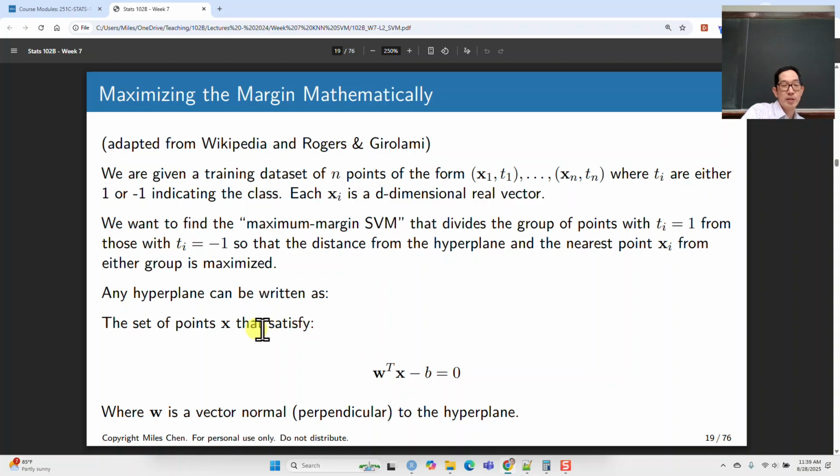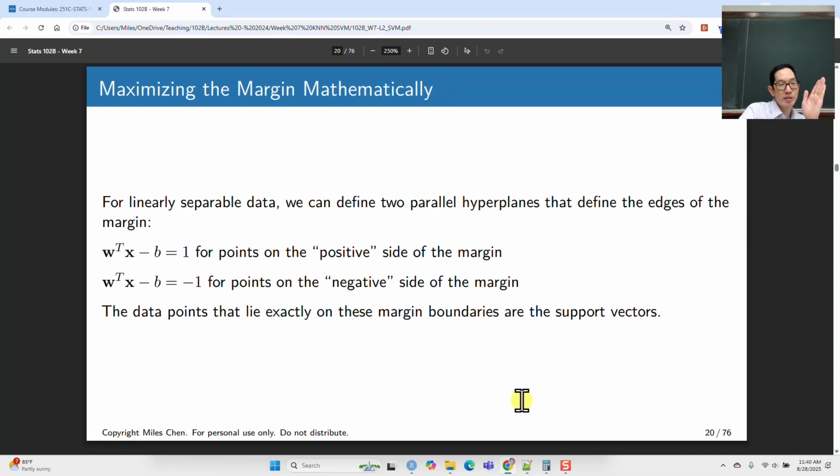And so the hyperplane is going to be basically the set of points that satisfy this equation. W is some vector that's perpendicular to that boundary hyperplane. And hyperplanes that are parallel to this are basically just one constant higher, one constant lower. So you can have W transpose X minus B equal to 1 and W transpose X minus B equal to -1.